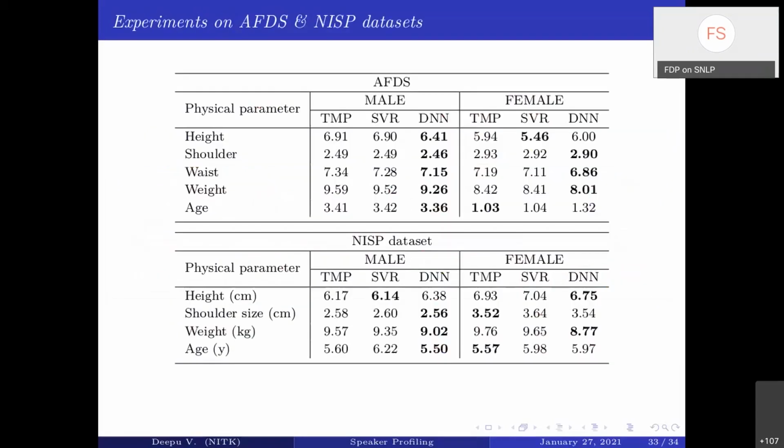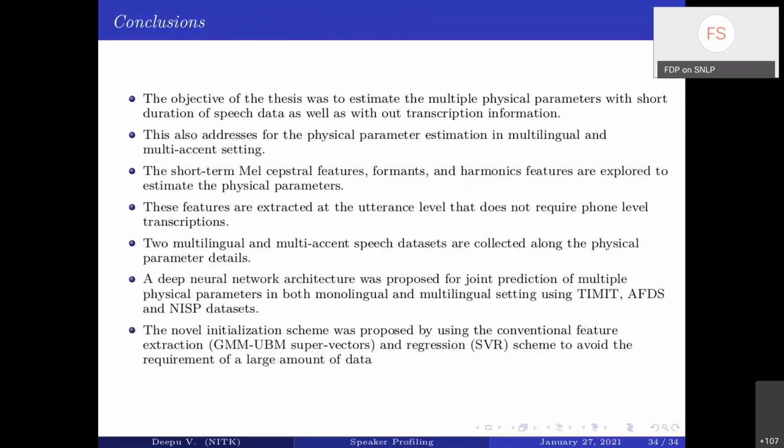And this is more like detailed research, so I think I'll skip the slide. In general, we wanted to do speaker profiling, which I hope will catch on for many other applications. We used mel-cepstrum, formants, and harmonics.